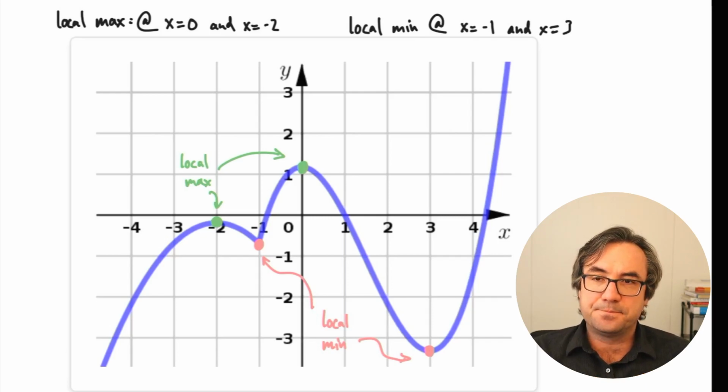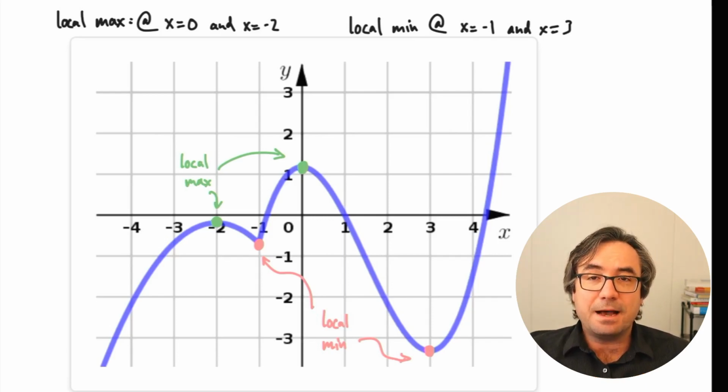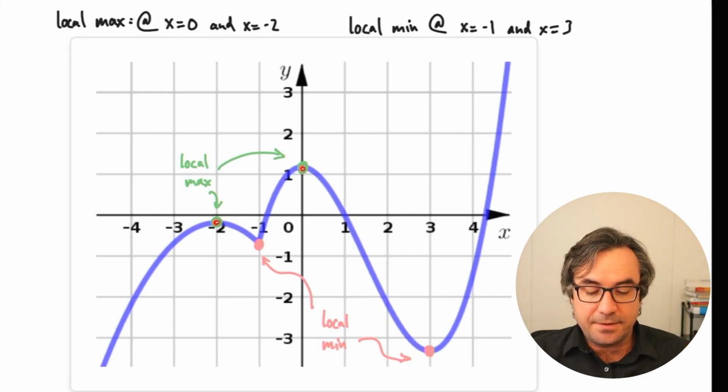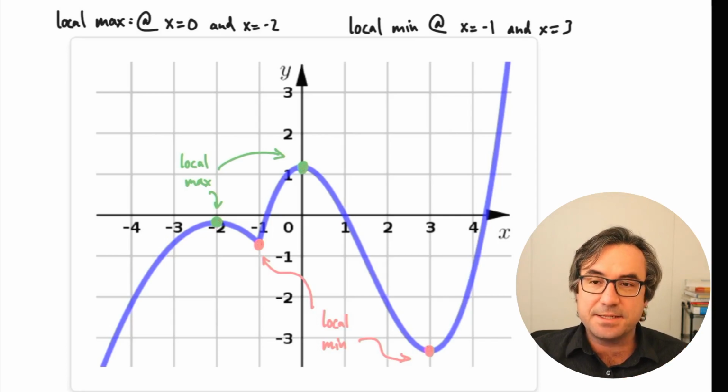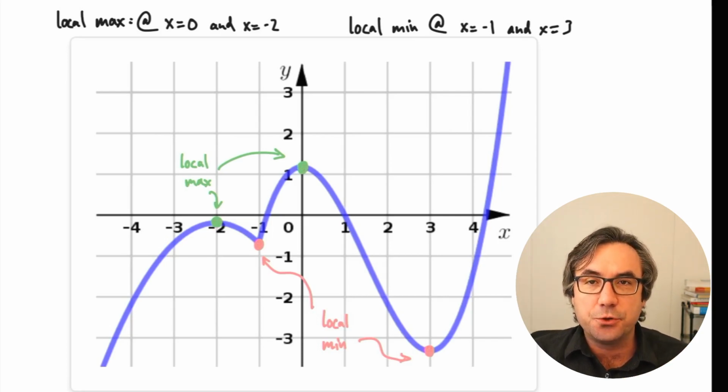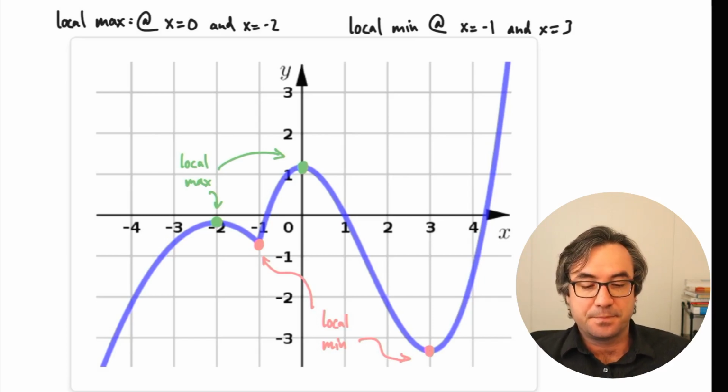All right. So now let's figure out the intervals of increase, decrease. And locating these local maxes and mins actually splits up our graph into sections.